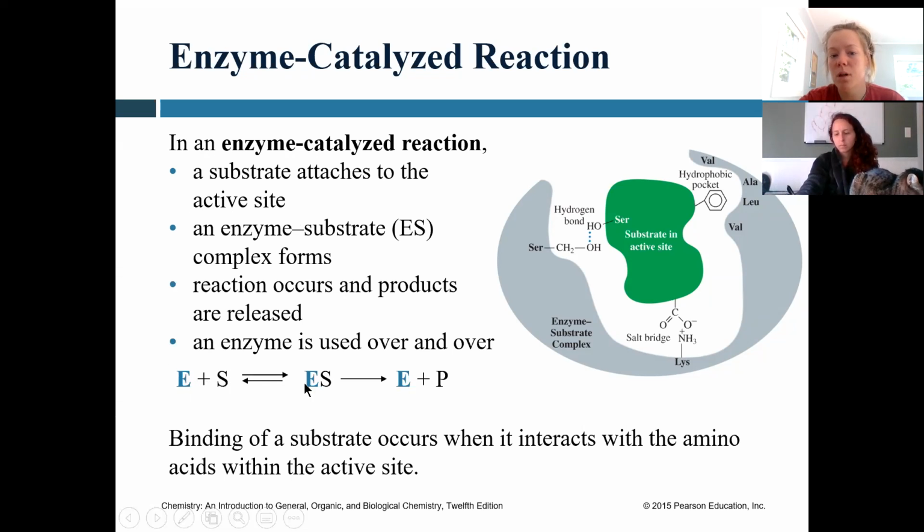The first step, they come together and form the ES, or the enzyme substrate complex. This is where the two are sort of fused together through their R groups. At this point, you could go back to being an E and an S, the enzyme and the substrate.